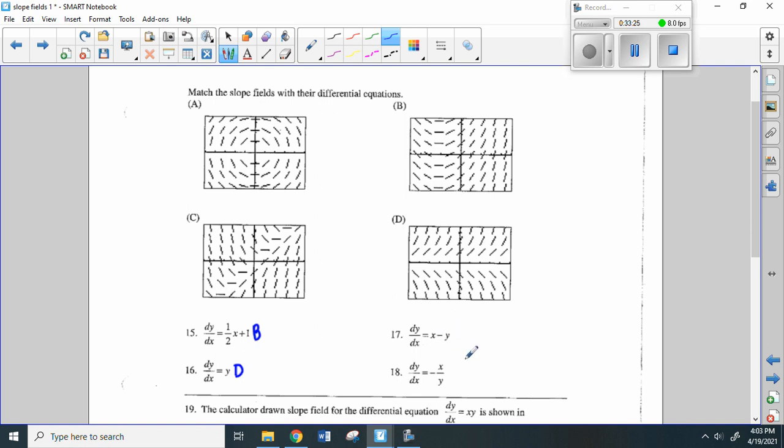All right, but then when you have the 2 letters, it's really important that you check some different points, okay? So look at A. It looks kind of like a circle. And I noticed that whenever the x value is 0, I get 0. It also looks like whenever the y value is 0, I get 0, okay?